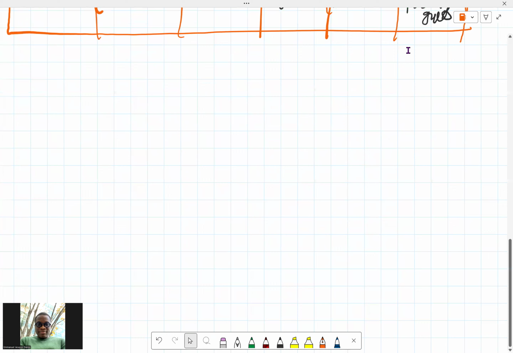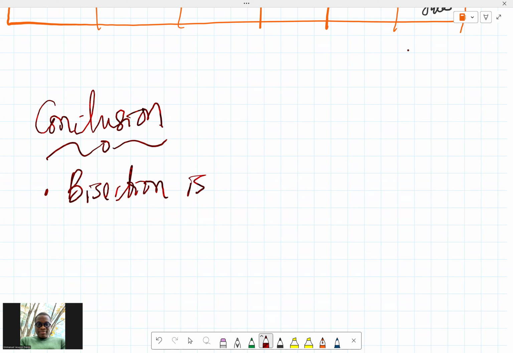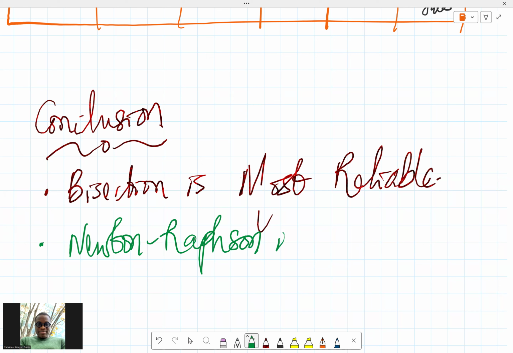Now let's quickly do a simple conclusion in comparing them. First of all, we just take note that bisection is the most reliable. Newton-Raphson is the fastest.